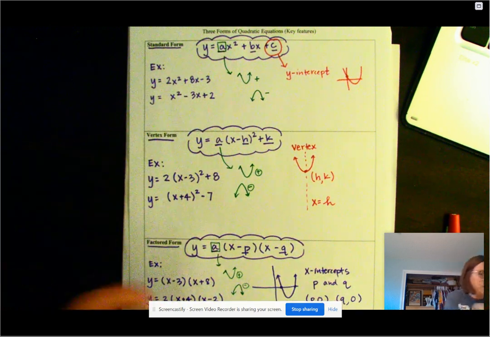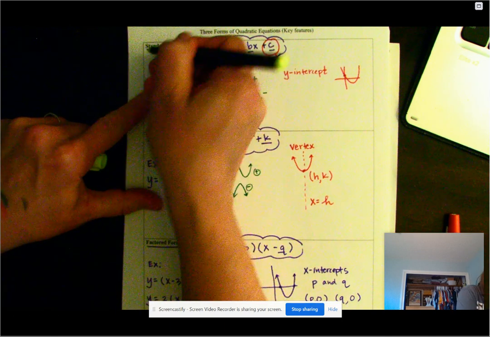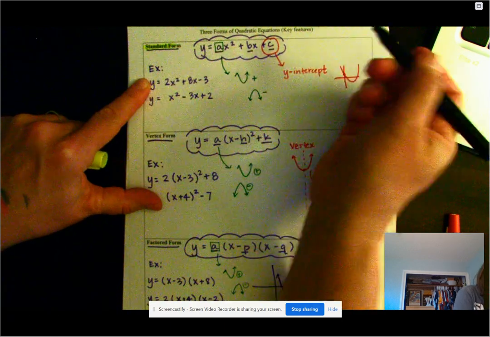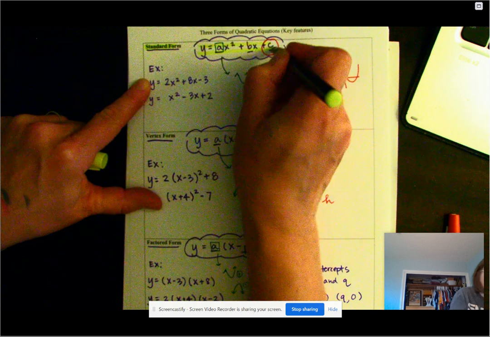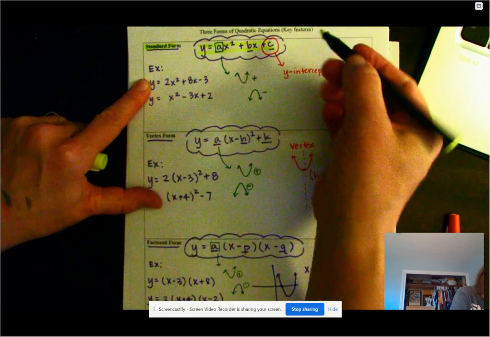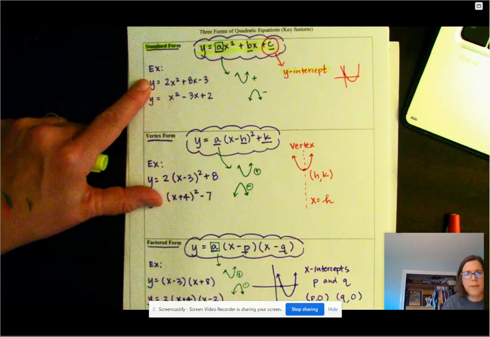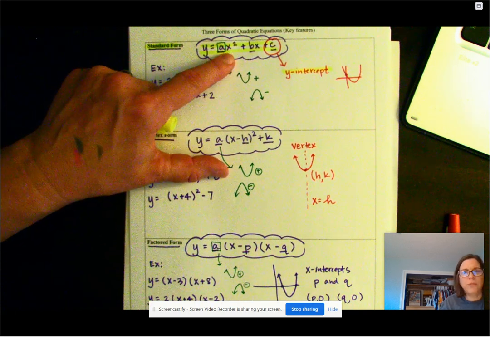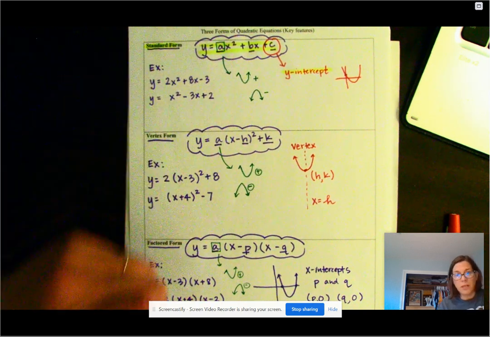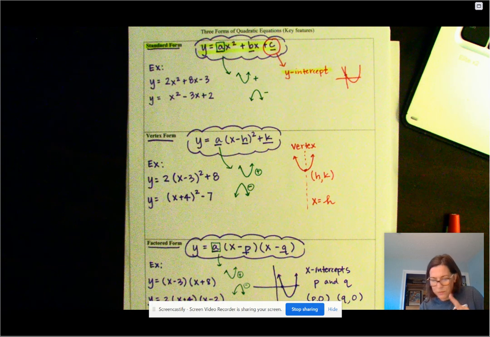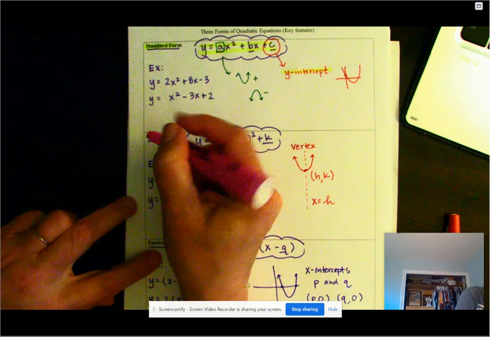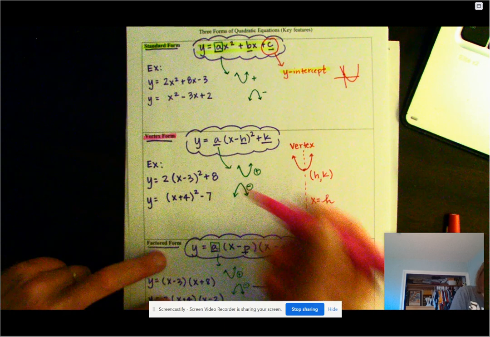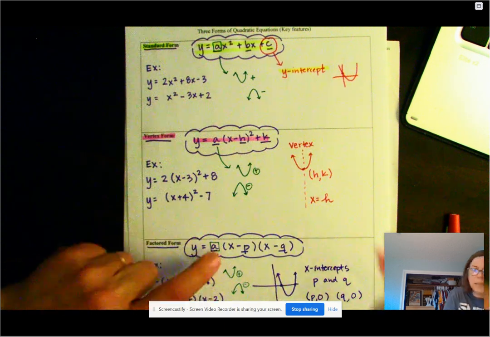So, standard form. When a problem is written in standard form, a key feature you can quickly see is the y-intercept, okay? The A value is also a key feature. It's a key feature in all of them, so I'm not going to highlight it. Okay, in vertex form, my personal favorite, you can see, guess what?